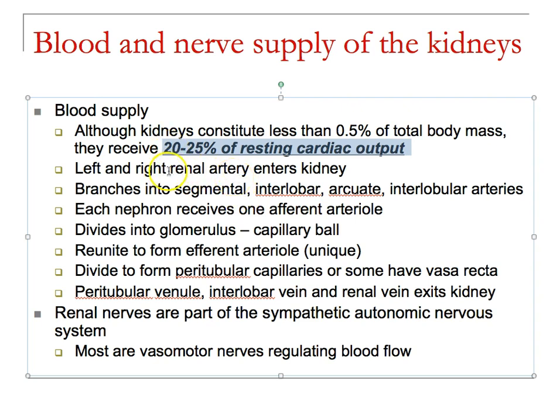It's going to enter both the right and the left renal arteries, and it's going to branch into this pattern: segmental, interlobar, arcuate, interlobular arteries. So it's headed towards the cortex is the point I'm trying to get to here. Each nephron receives one afferent arteriole.